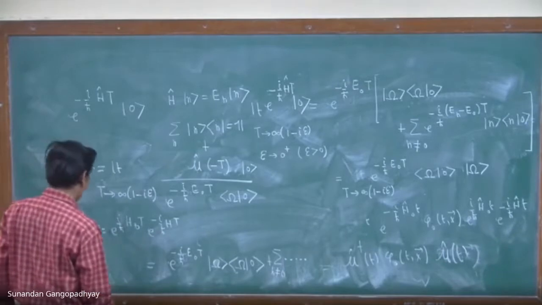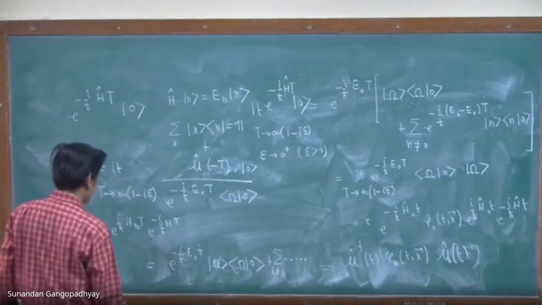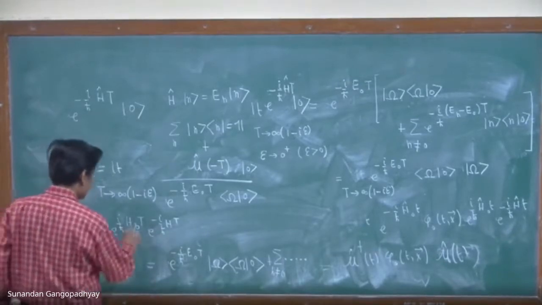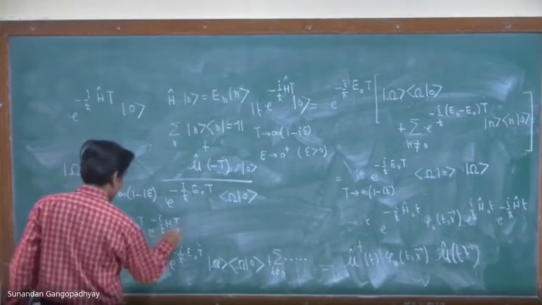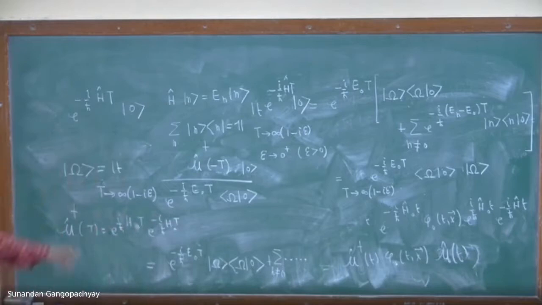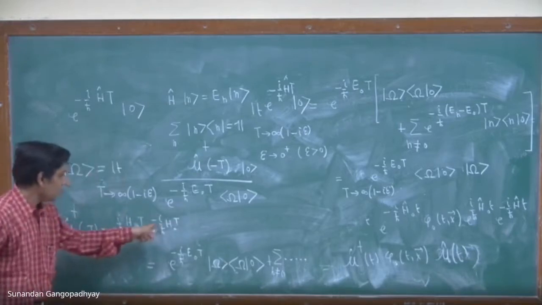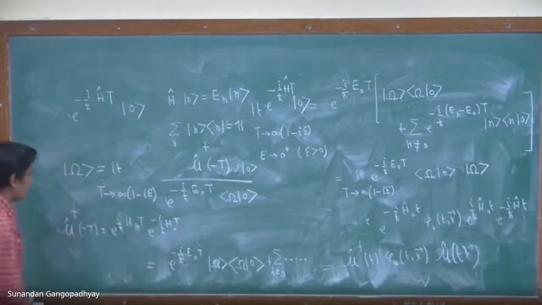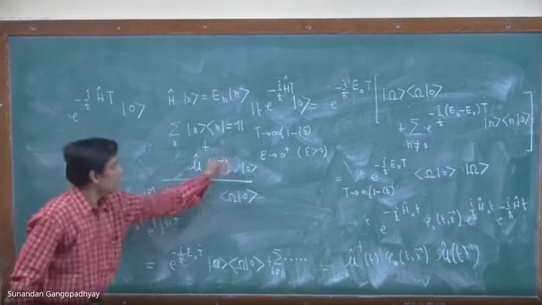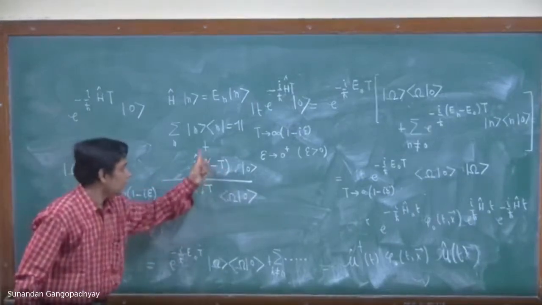If I take a dagger, then I will get a plus sign in the exponent, but the expression that appeared there was plus i Ĥ₀ t and minus here. So it's basically minus. So this operator that I wrote down is nothing but Û dagger of minus t.